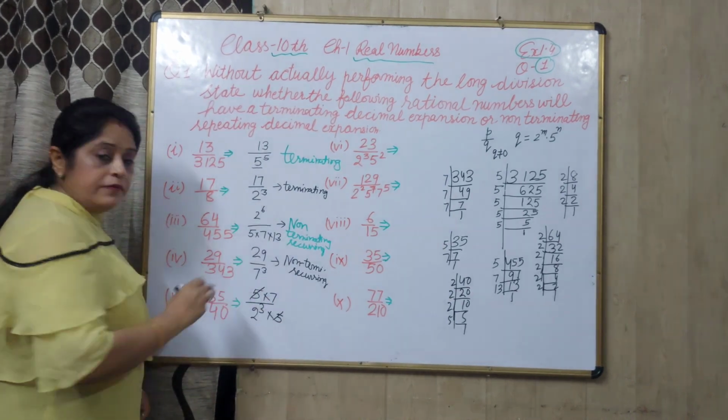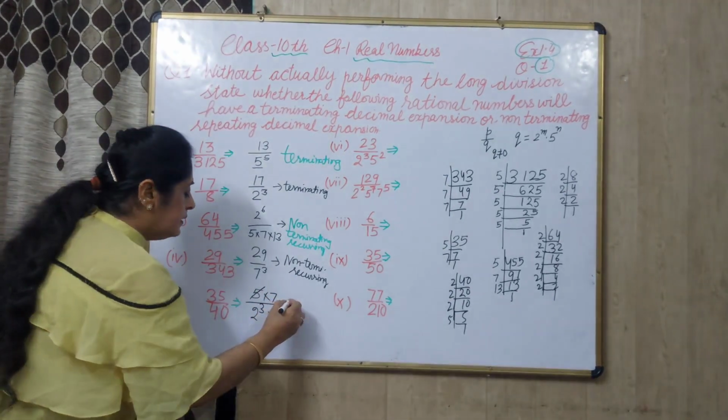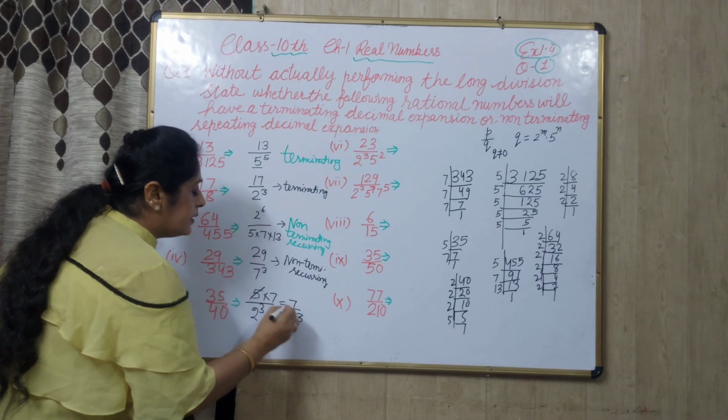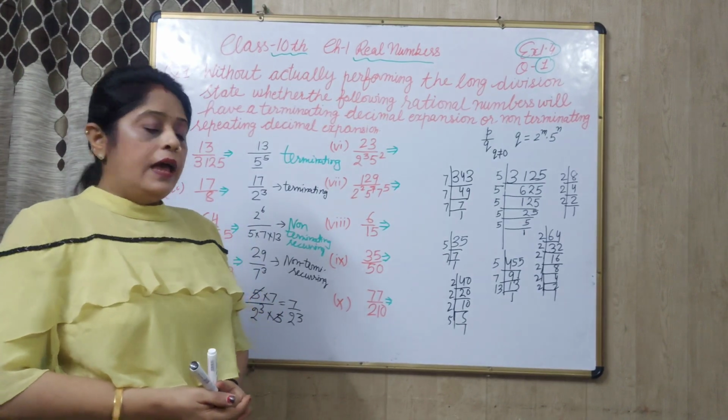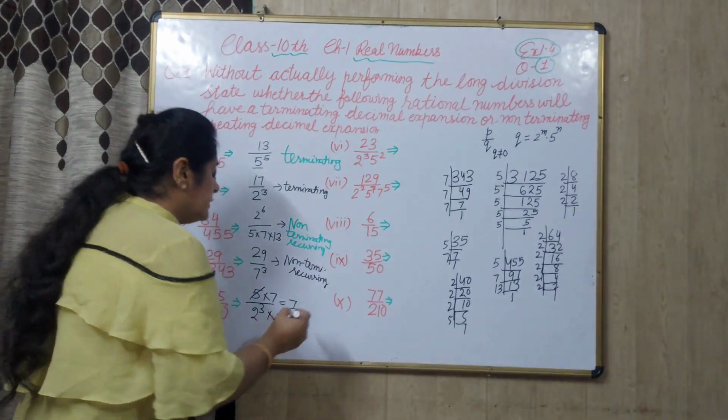Cancel 5 with 5. Now we are left with 7 upon 2 power 3. Our Q is in the form of 2 power, so it is terminating.